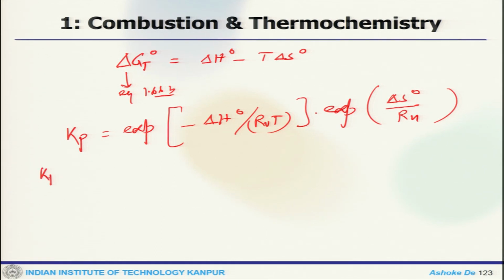Now, Kp greater than 1 favors the products, and delta H naught should be negative. Also, positive changes in entropy lead to Kp greater than 1. So this is how you can find the relation between the Gibbs function and all these things.